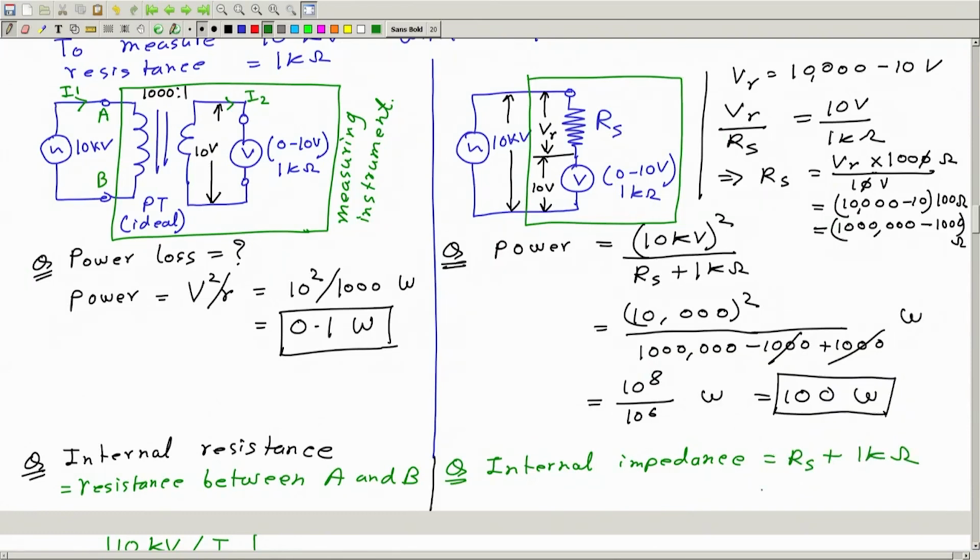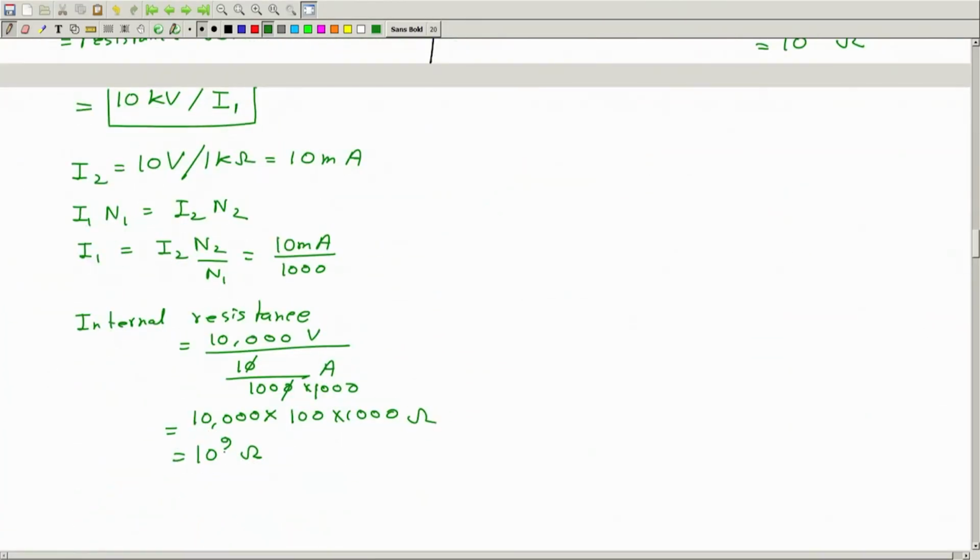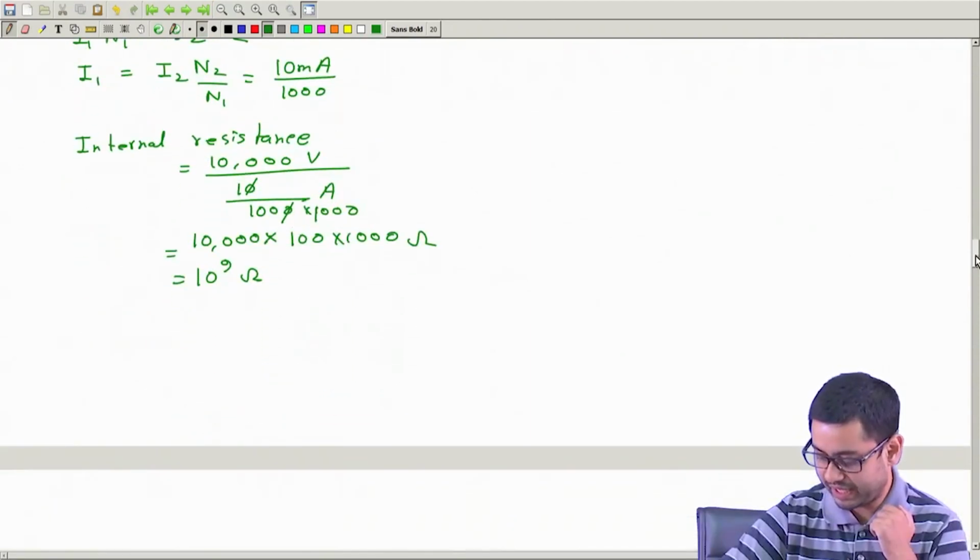From here, the value is actually 10 to the power 6 ohm. So this is 10 to the power 6, but that is 10 to the power 9, which is much larger.